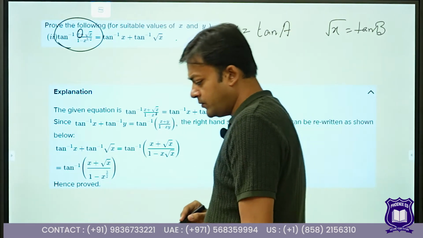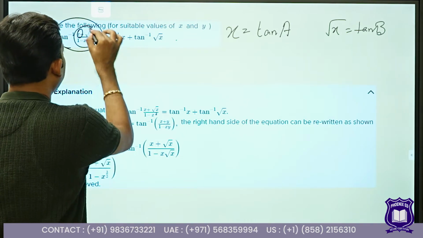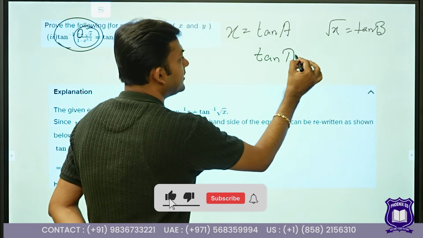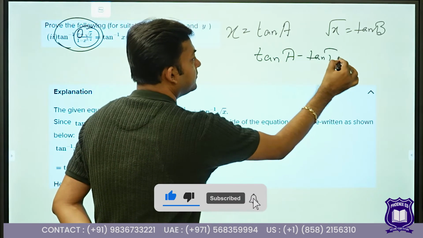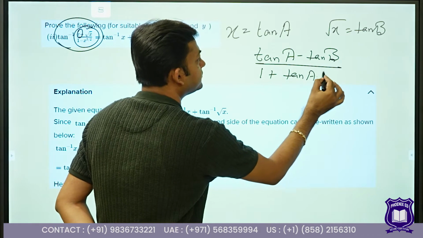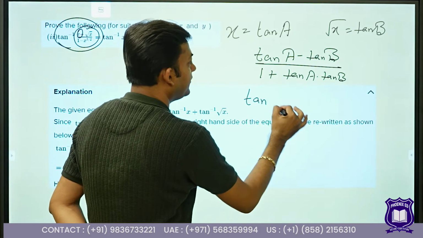On doing so, you would notice that this expression becomes (tan a minus tan b) over (1 plus tan a tan b). Now that becomes equal to tan of (a minus b).